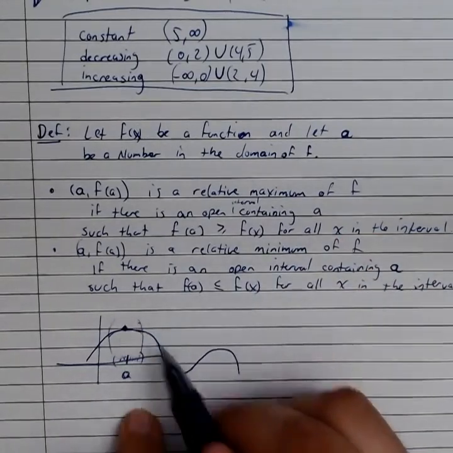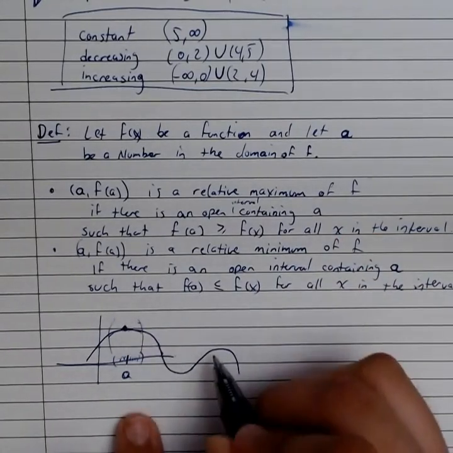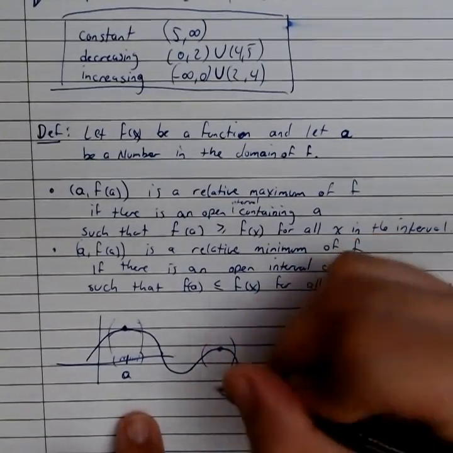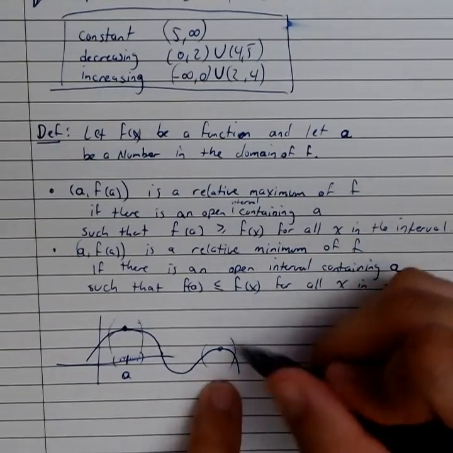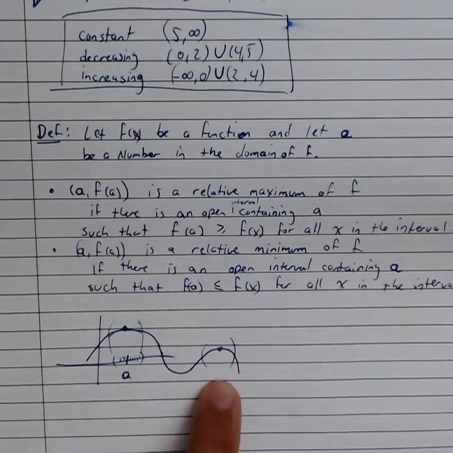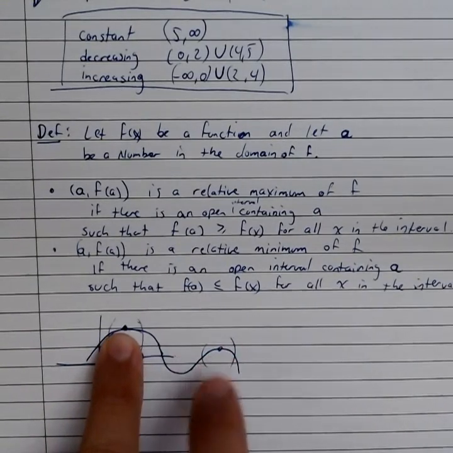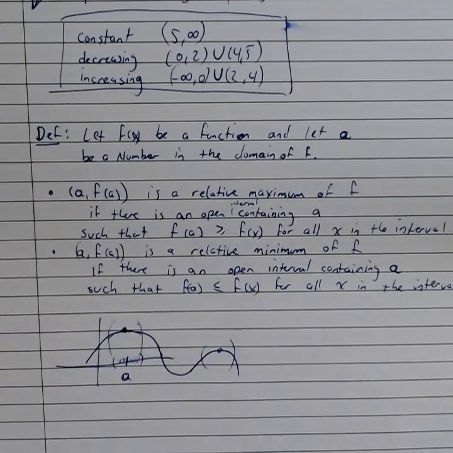Well, yeah, that's the biggest point around. This one's a lot smaller. But because I can find an open interval around that point, where in that interval, that's the biggest point around, that's the tallest point around, then even though it's not the biggest point of the entire graph, that's the highest point around here. So this would also be considered a relative maximum. Relative minimums say the same thing, but in reverse.